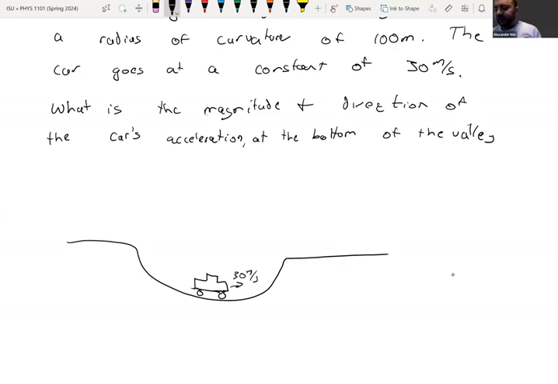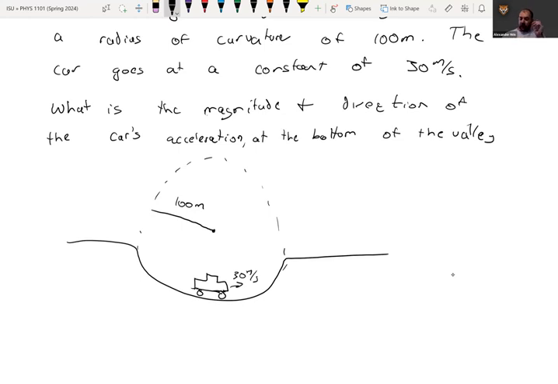Now, the idea is that this valley constitutes part of a circle. And if we were to extend this circle, basically the radius of that circle would be 100 meters. Drawing certainly not to scale, but that's the idea of what's going on here.